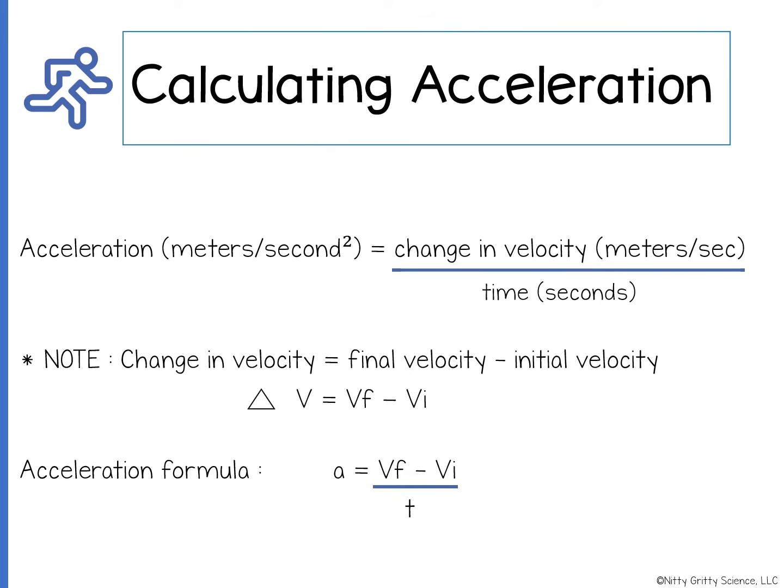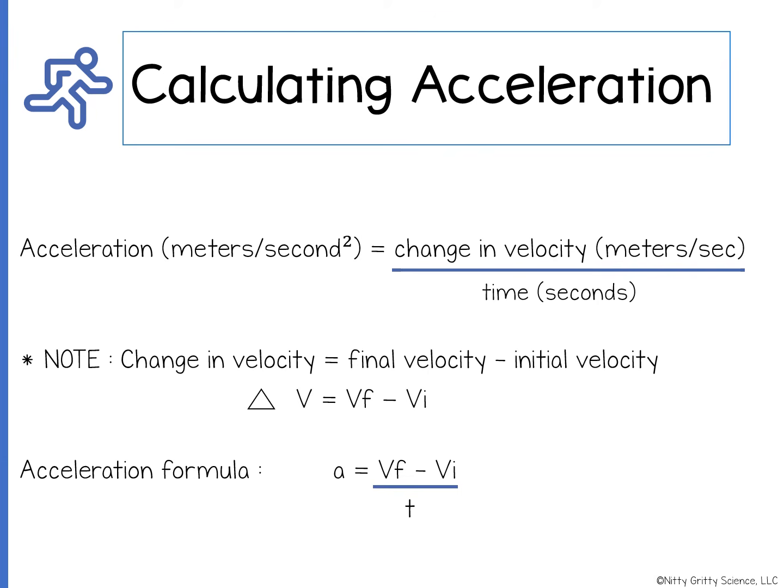Looking at this formula, VI will stand for initial velocity, and the symbol VF will stand for final velocity. We use a delta symbol or a triangle to represent the words "change in." So delta V, or change in velocity, equals the final velocity minus the initial velocity. You can use this expression divided by the time it took to get your acceleration.